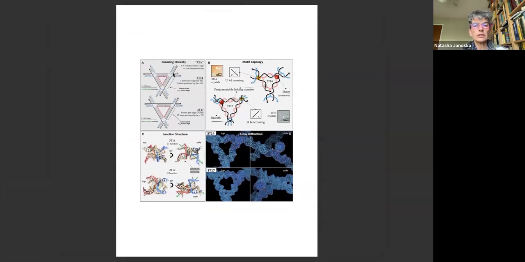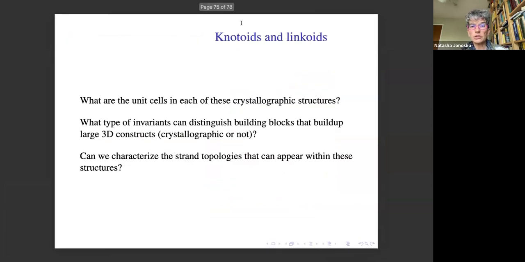Here I have a nick. They're all curves that are part of the structure, but they're not closed curves. So yes, the knotoids and linkoids that I mentioned are exactly the knotoids and linkoids from knot theory.